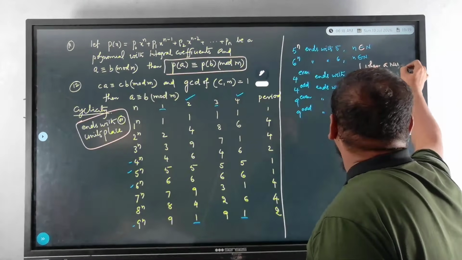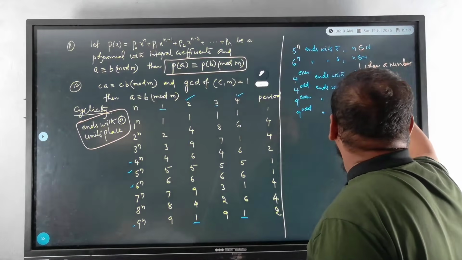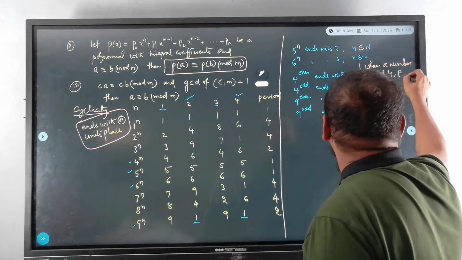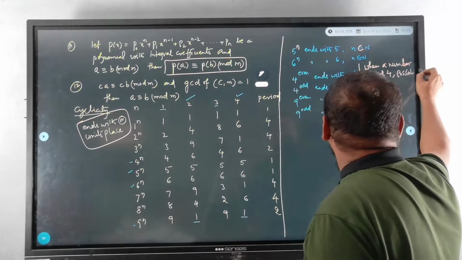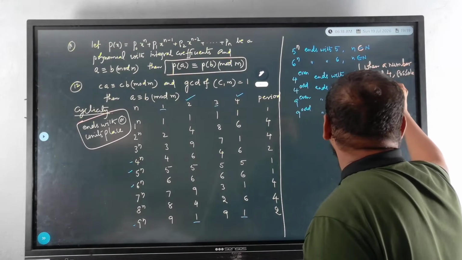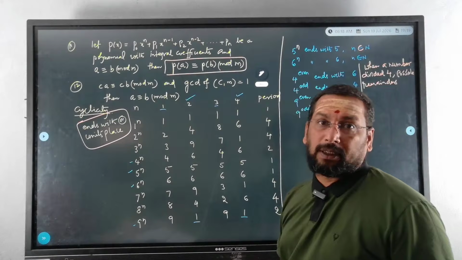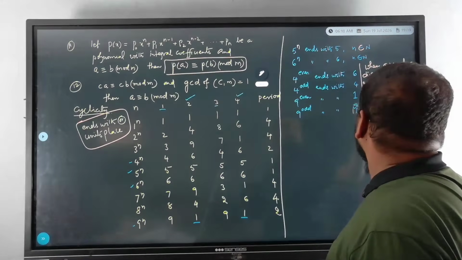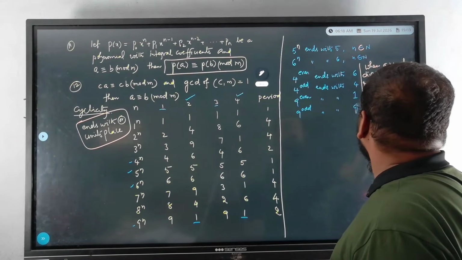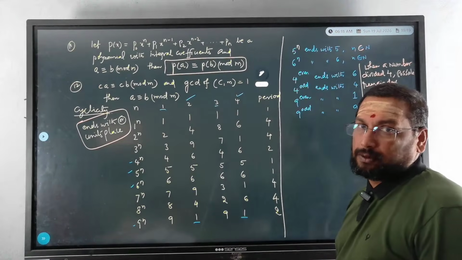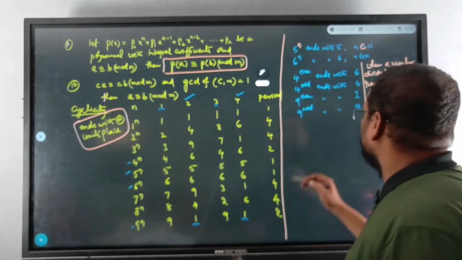When a number is divided by 4, possible remainders are 1, 2, 3, 0. 0 means divisible by 4.